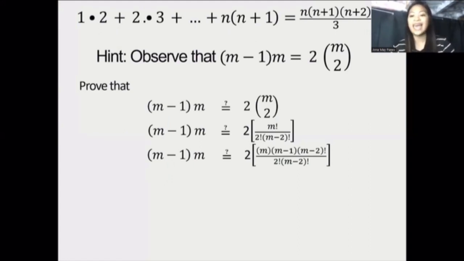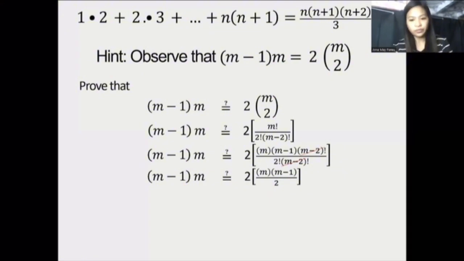We will just end here so that we can cancel out our denominator, which is all over 2 factorial times the quantity of m minus 2 factorial, which can be cancelled out. What will we be left with? We will be left with the quantity of m minus 1 times m equals 2 times the quantity of m times the quantity of m minus 1 all over 2.